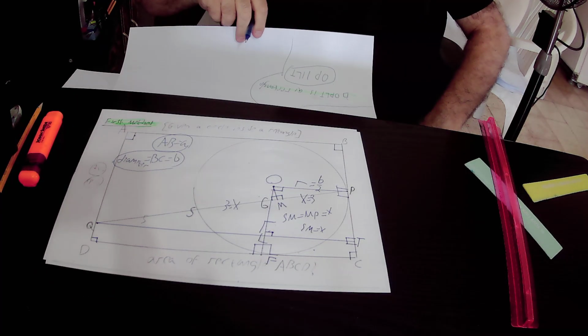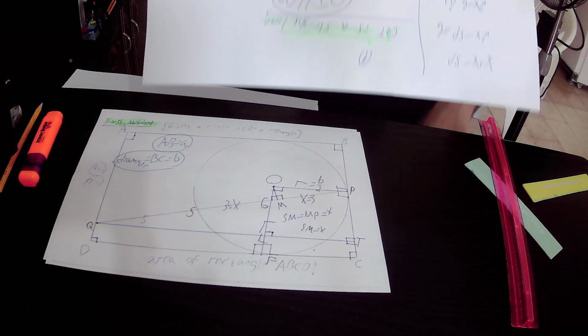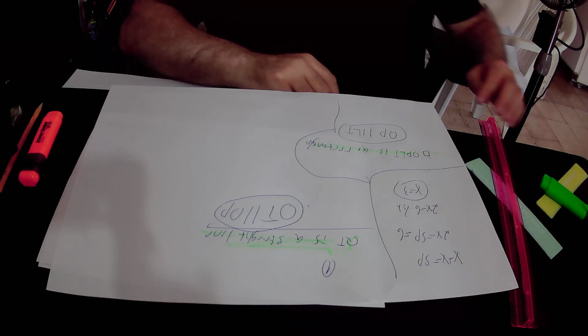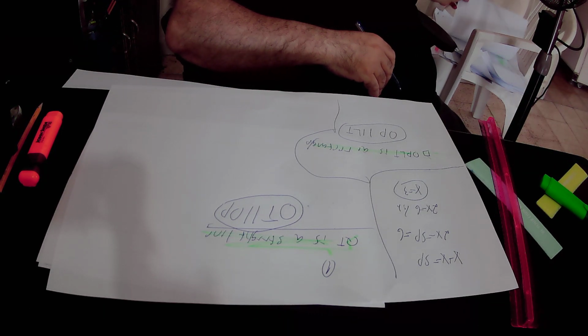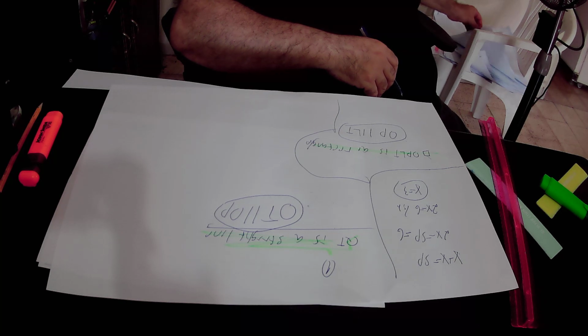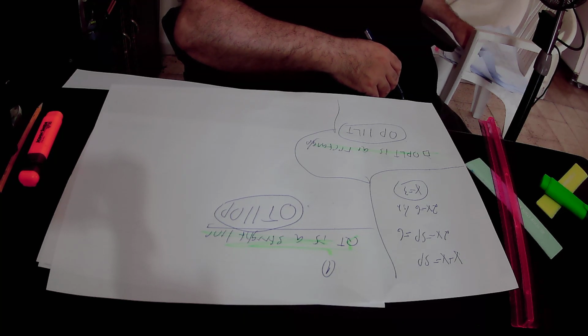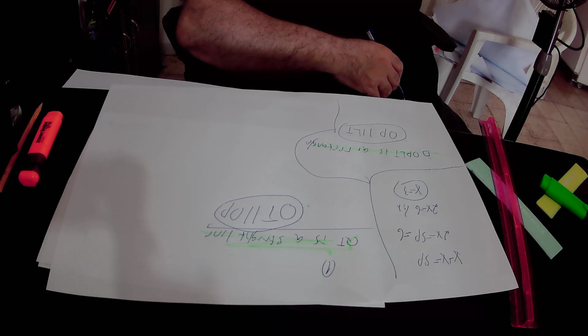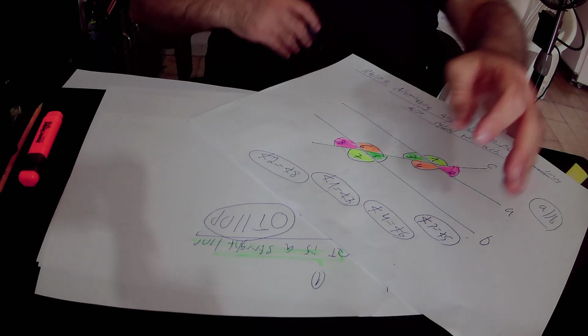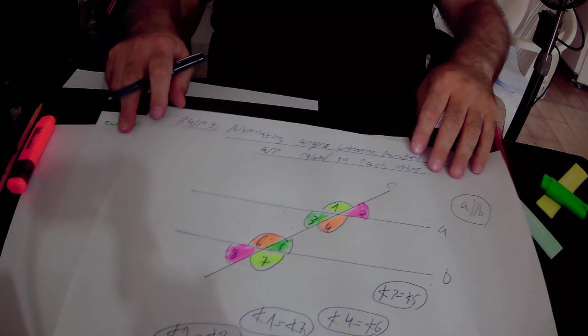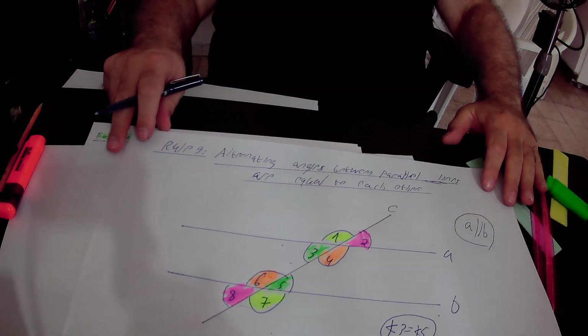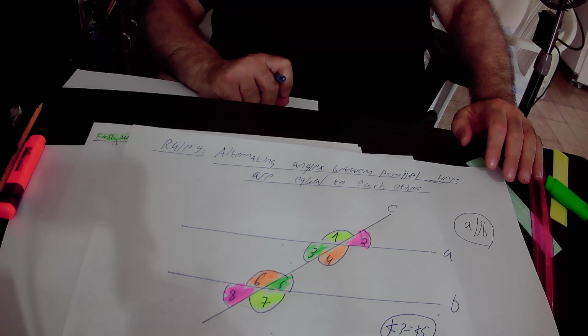Okay, QT is parallel to OP, and we have here a new rule, rule number 9. According to rule number 9, alternating angles between parallel lines are equal to each other.